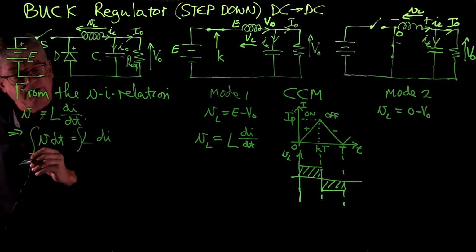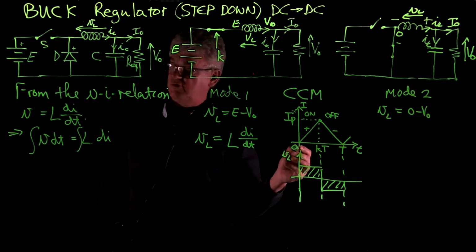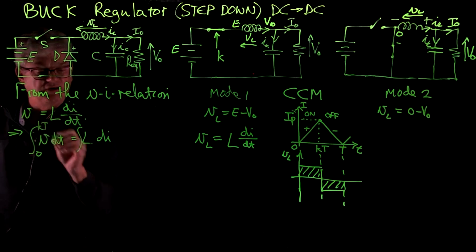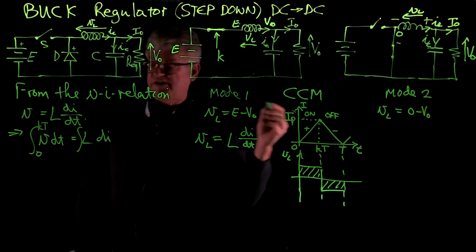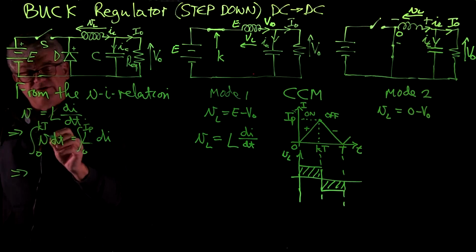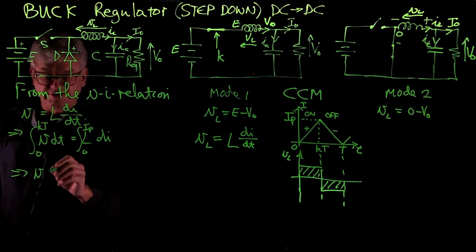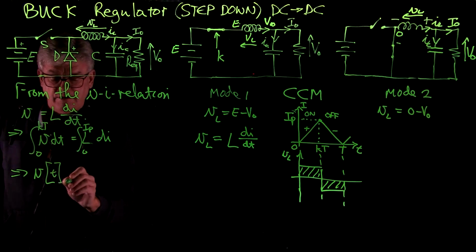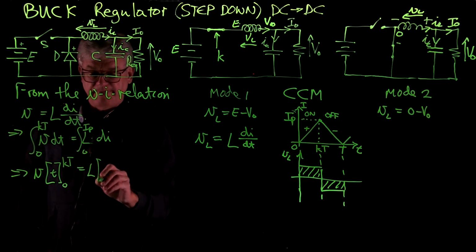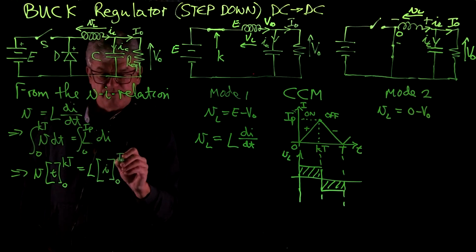So if we place an integral sign on both sides, and we see that for t we have the limits 0 and KT, and for I we have the limits 0 and IP. Now there is no t in V, so V comes out to the front. So the integral of 1 dt is t, and the limits are 0 and KT. The same happens on this side. The integral of 1 di is I, and the limits are 0 and IP.